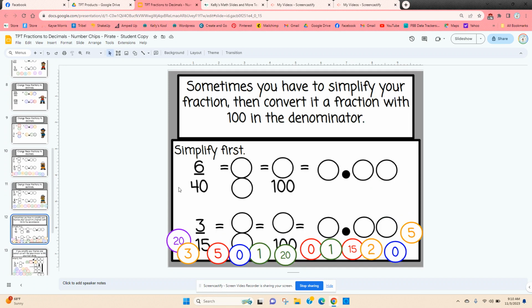Now, sometimes it doesn't work. There's nothing we can multiply by 40 or 15 to get 100. So sometimes we have to simplify first. So if we simplify this fraction, if we divide by 2, we're going to get 3/20ths.